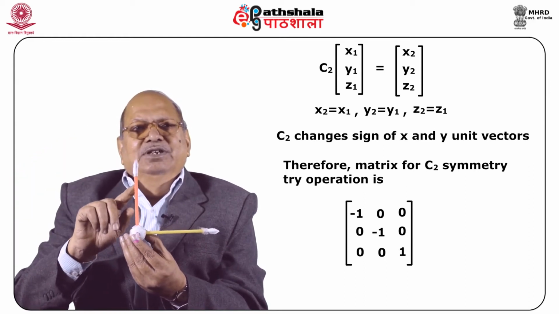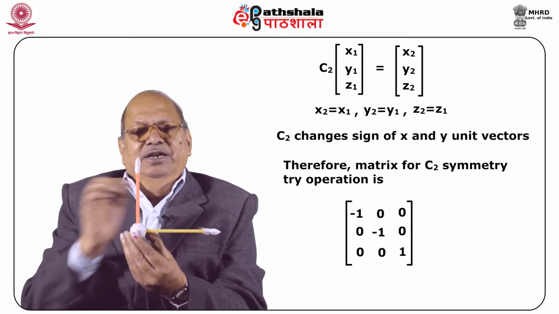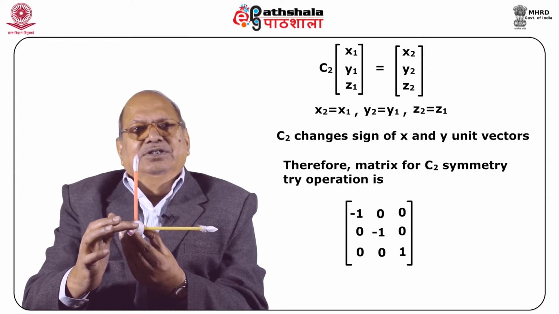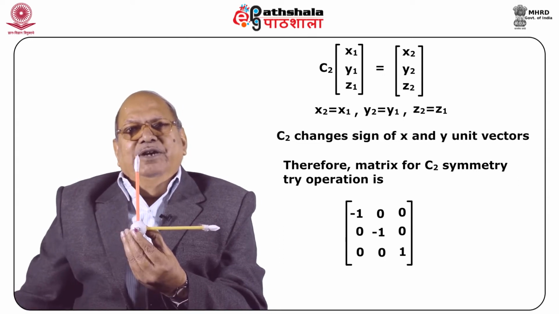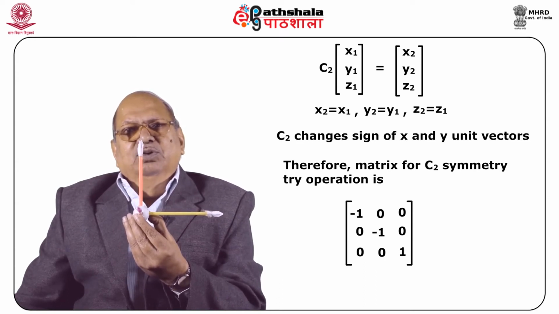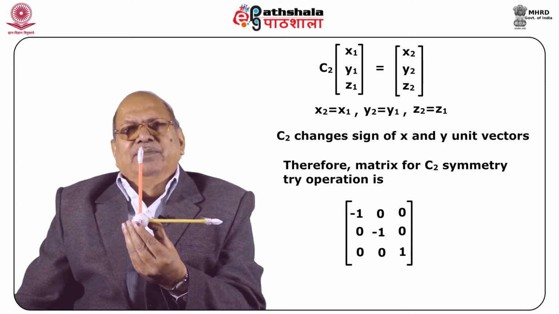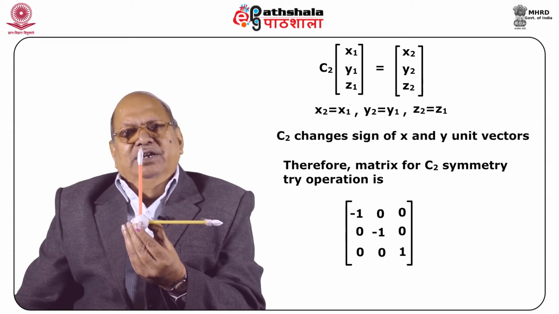The z vectors remain the same, the y axis changes sign, the x axis changes sign, and so the matrix corresponding to this is -1 0 0, 0 -1 0, 0 0 1. So this gives me the matrix for the C2 operation on dibromoethylene. I am concentrating only on these vectors which lie at the midpoint of the C=C double bond.